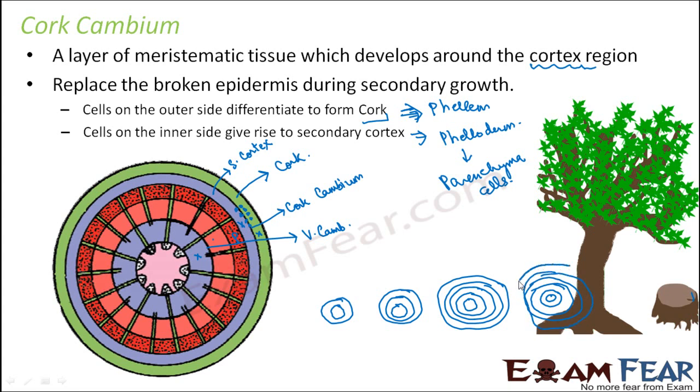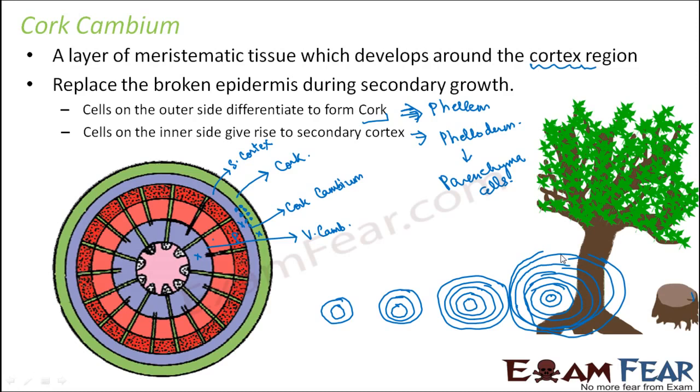Outside that we had the secondary cortex, then cork cambium, and the outermost is cork. So the number of layers kept on increasing, and as a result the width of the stem keeps on increasing, and this is known as secondary growth. Right? Okay, so I hope the concept of secondary growth is clear now.